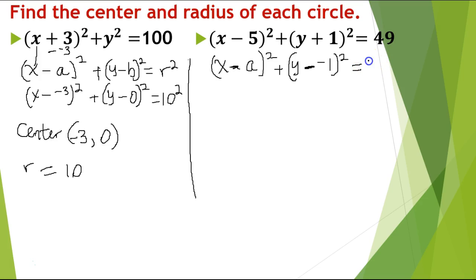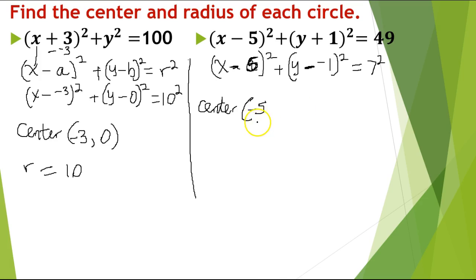What can I square to get 49? That's 7. 7 squared will give us 49. So we can go ahead and write, this is 5. So we don't have to rewrite this again. So that one is good. Then what is the center? The center is the ordered pair, -5. Again, remember that x will always come first.